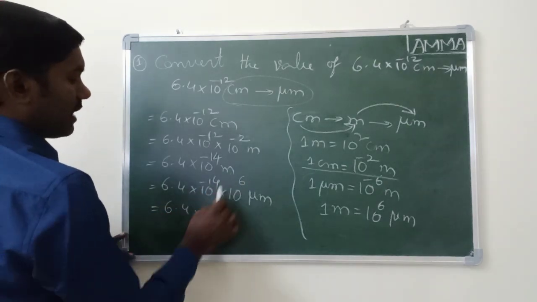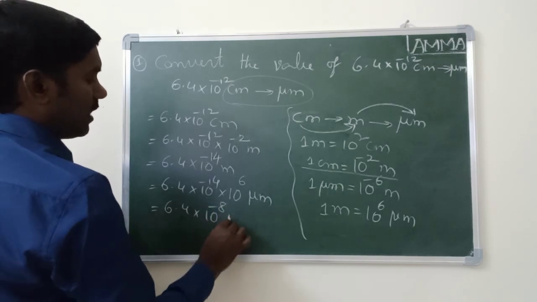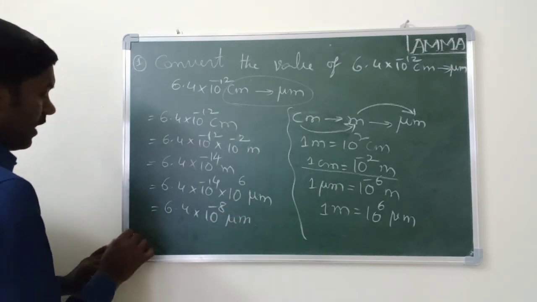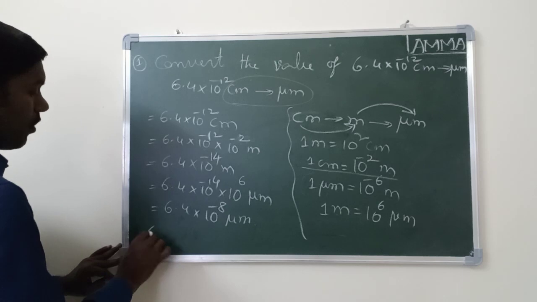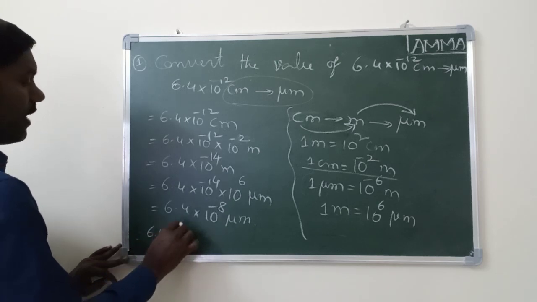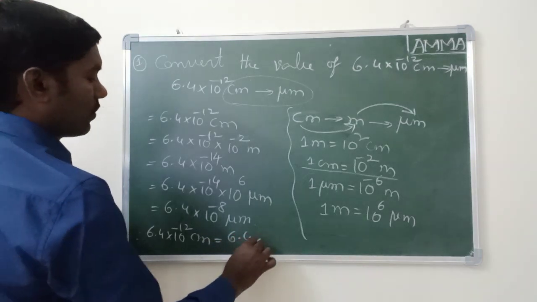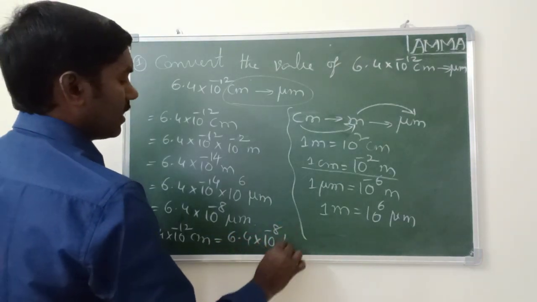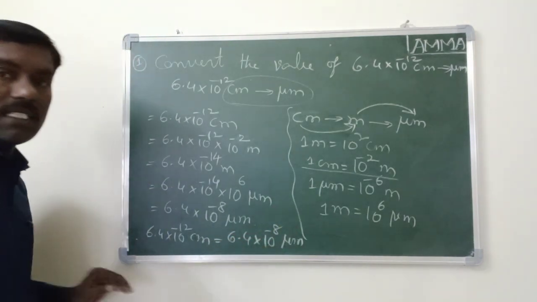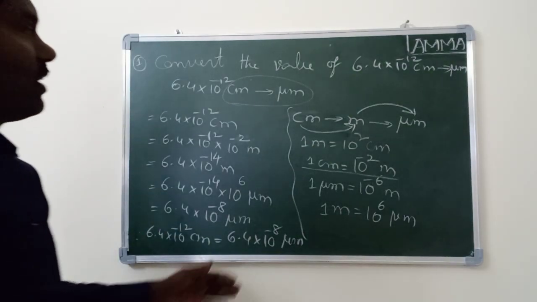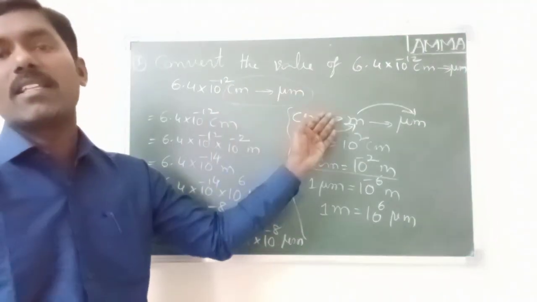Minus 14 plus 6, that is equal to minus 8 micrometers. Therefore 6.4 into 10 power minus 12 centimeters is equal to 6.4 into 10 power minus 8 micrometers. So this is the method for converting a value from one unit to another unit.